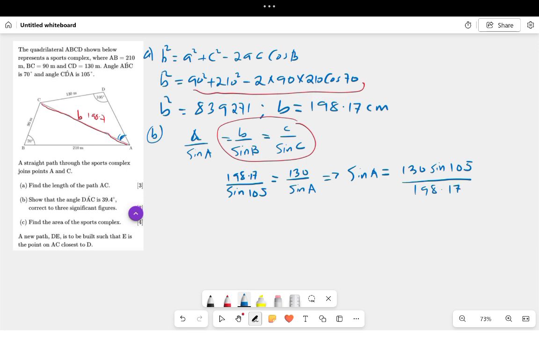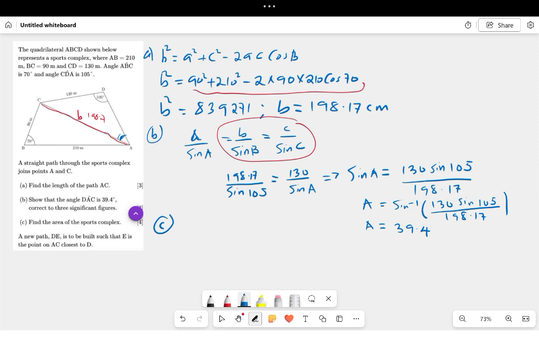And if you want to find the angle now, A is going to be the sine inverse of 130 sine 105 divided by 198.17. You plug this into your calculator, and you will indeed find A to be equal to 39.4.